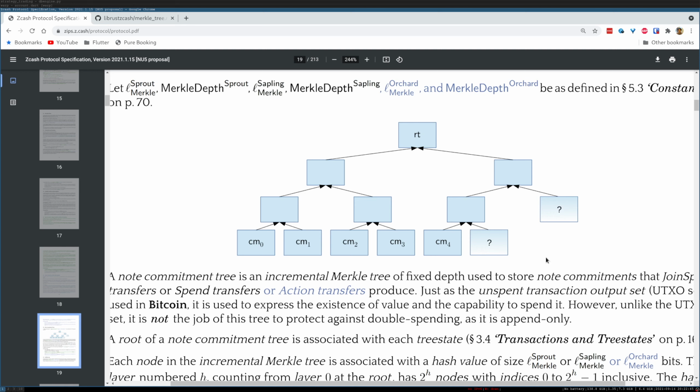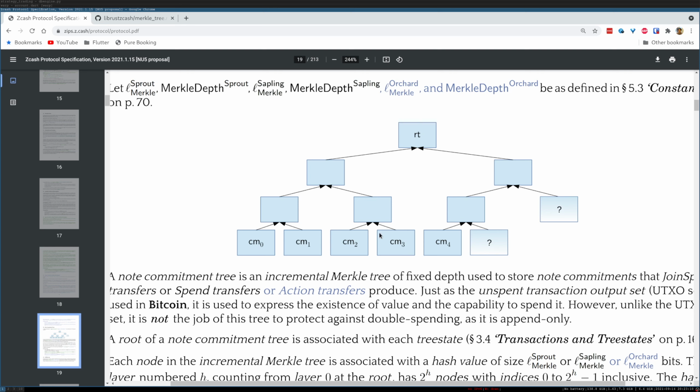You can only append to the end. So CM5 will have to go here. And you can never remove anything. So CM3 will never be removed and neither updated. So the tree really has only one operation, and the operation is add something to the end.